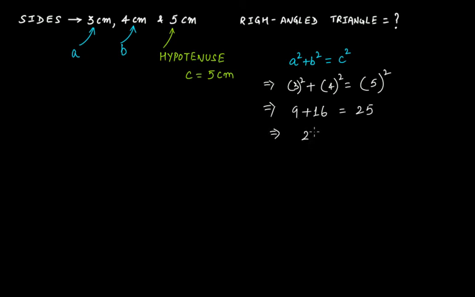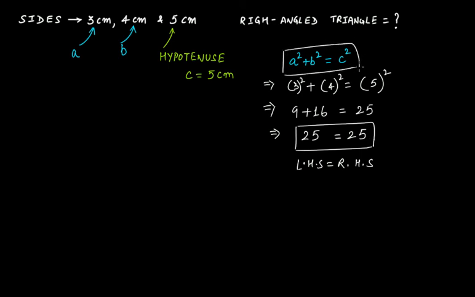And here it comes 25 is equal to 25. Yes, it is coming exactly equal, that is LHS is equal to RHS, right hand side. That is what we wanted to prove, right? Yes, Pythagoras property is being fulfilled here.